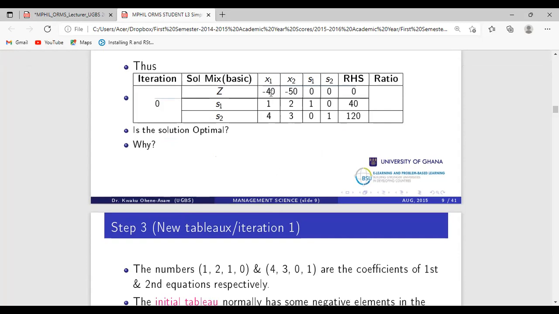So we're going to have new values altogether for the next table. We will need the pivot column, the pivot row, and the key or pivot element that we identified to help us compute the values in the next iteration.